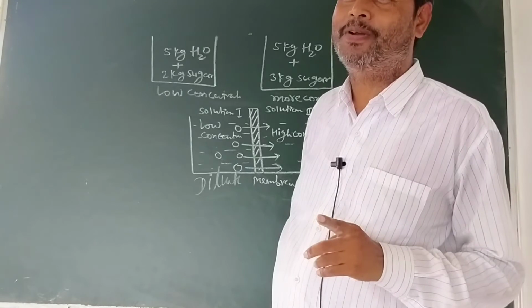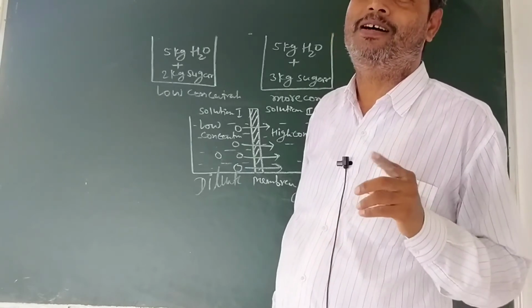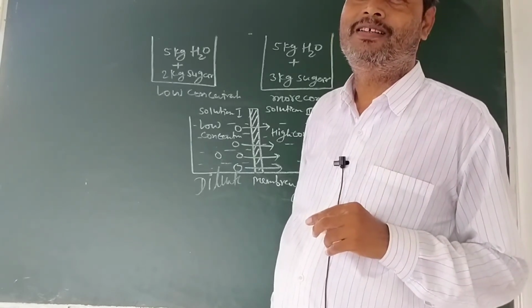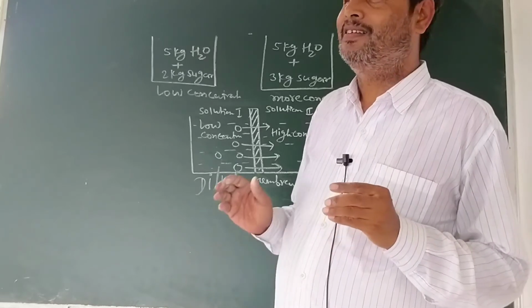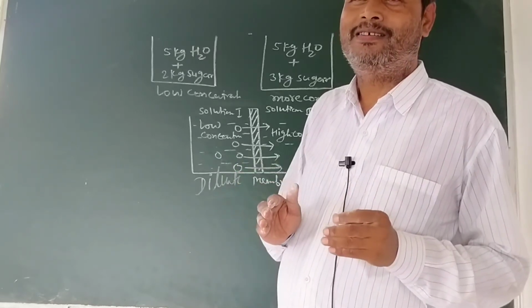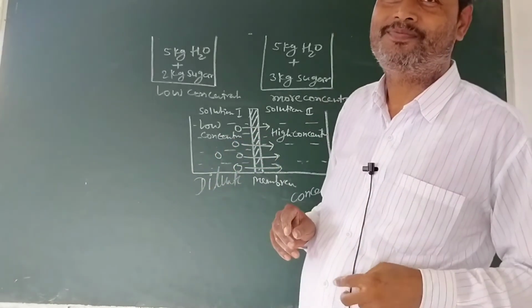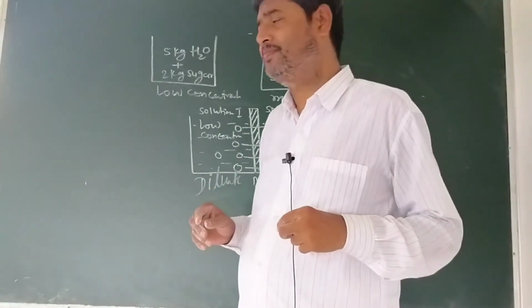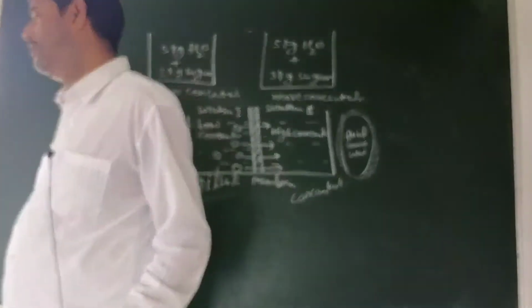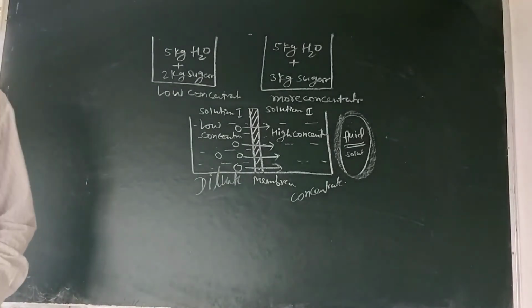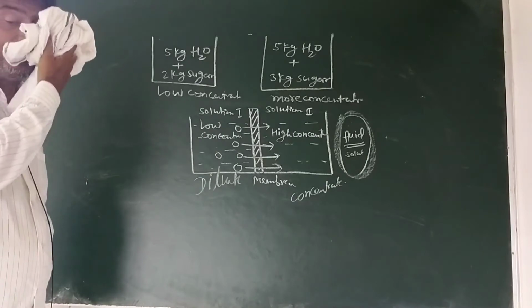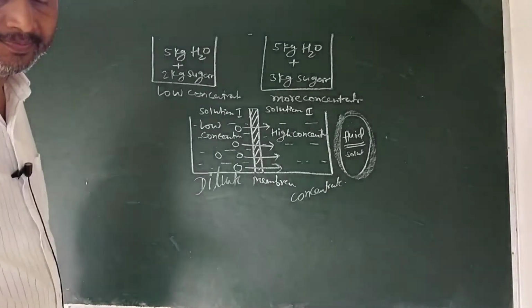Winner of the first Nobel Prize in chemistry is Van 't Hoff, and he was rewarded for the osmotic pressure. So now next topic, osmotic pressure.